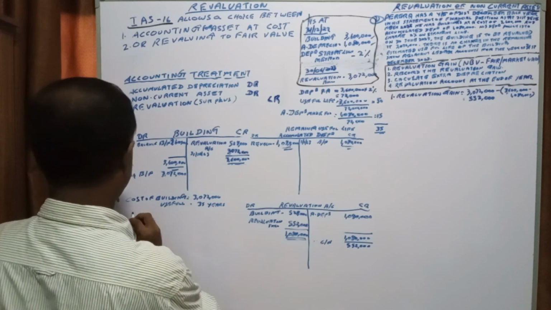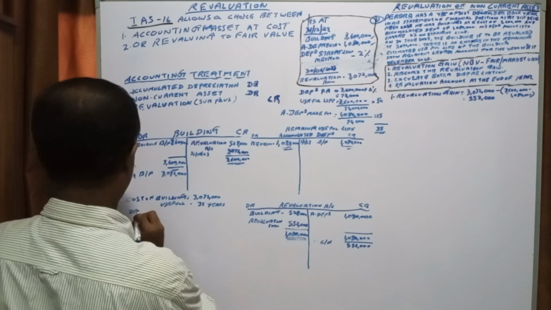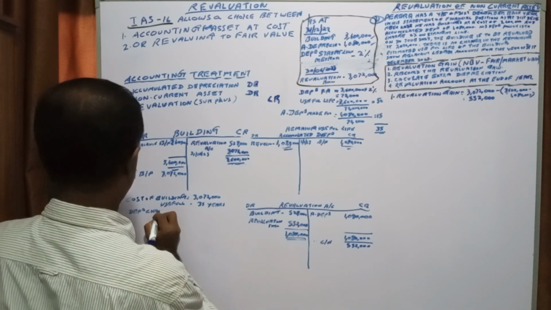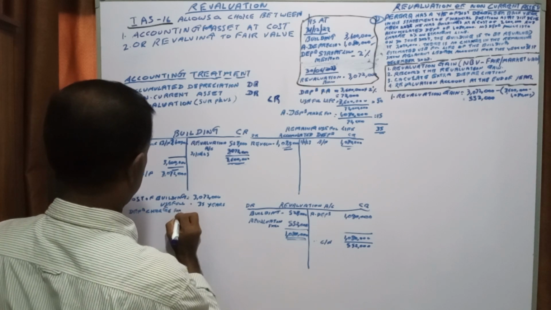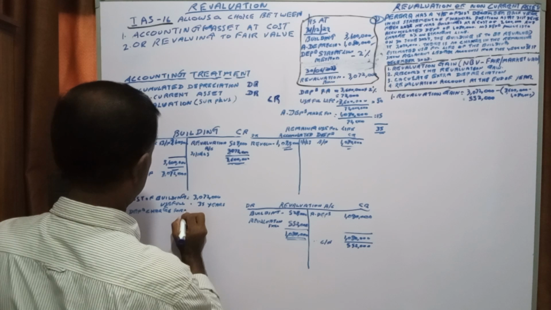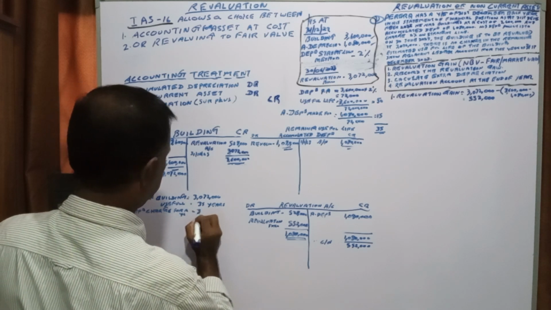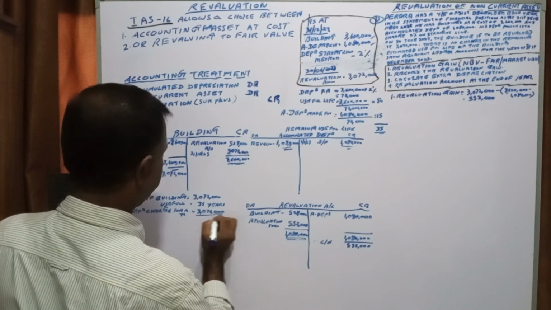So the depreciation charge for the year is 3,072,000 divided by 35.